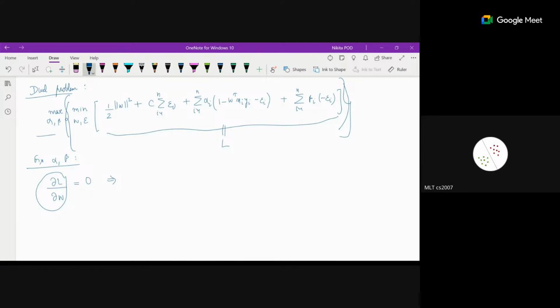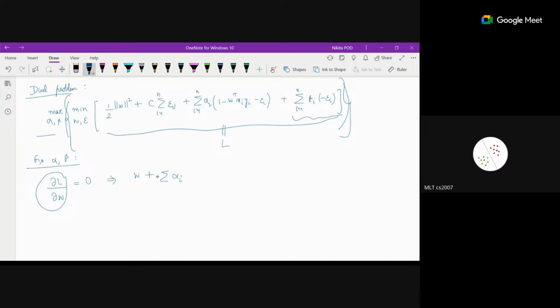If you differentiate this with respect to W, fixing your epsilon, dou L by dou W will become what? This will become just W from the first part. The second term does not have W, so it will be 0. The last part we also ignore because it doesn't have a W term. And the derivative of the third part would be plus sum over alpha I xi yi with a minus sign.